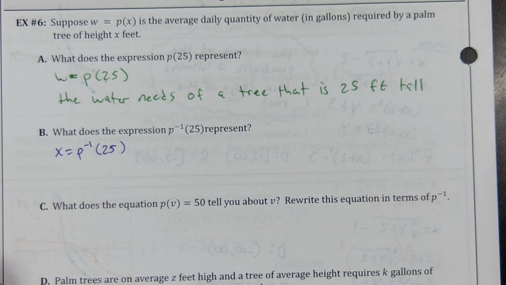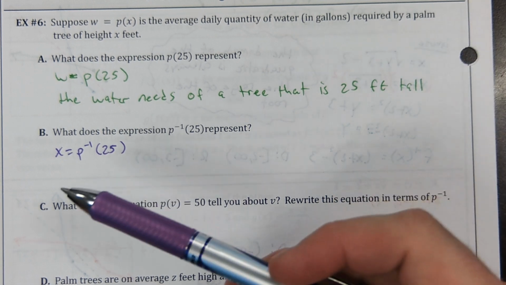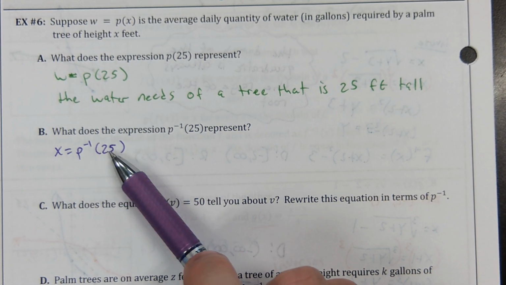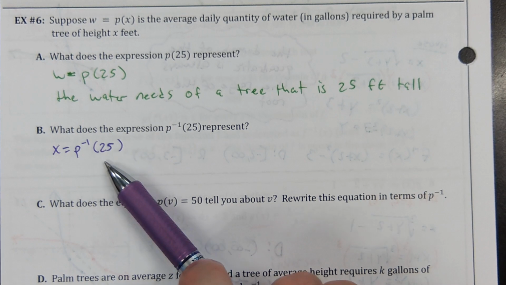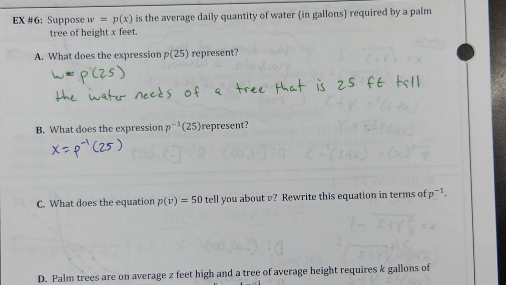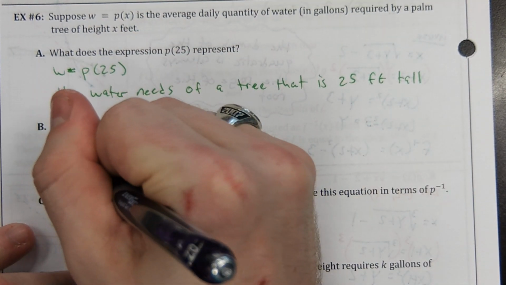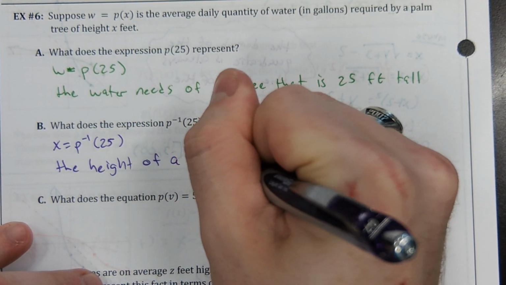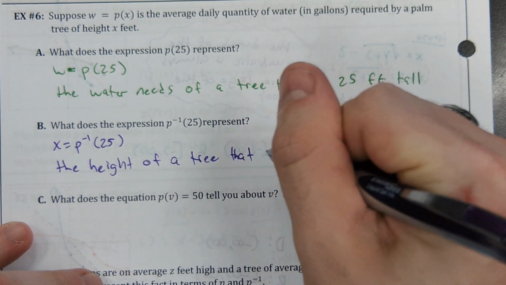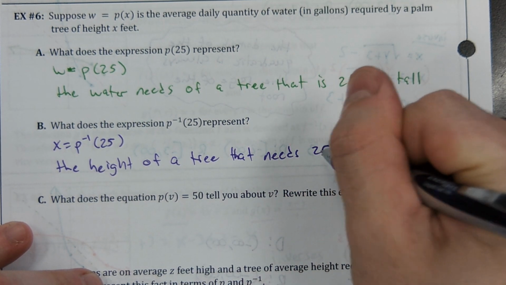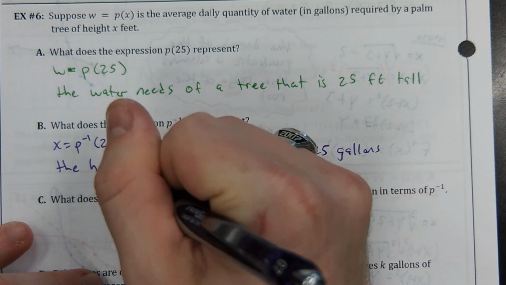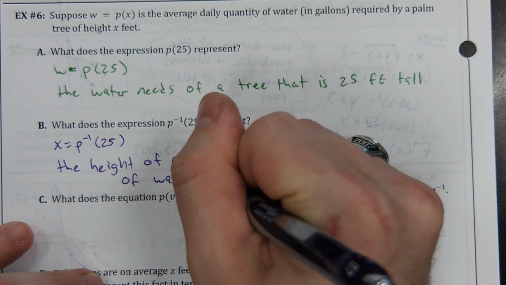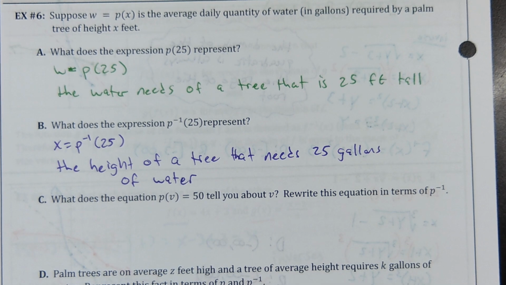So W is 25. So that tells you W is 25. So this says the height of a tree that needs 25 gallons of water. Because once again, height and water have changed places.